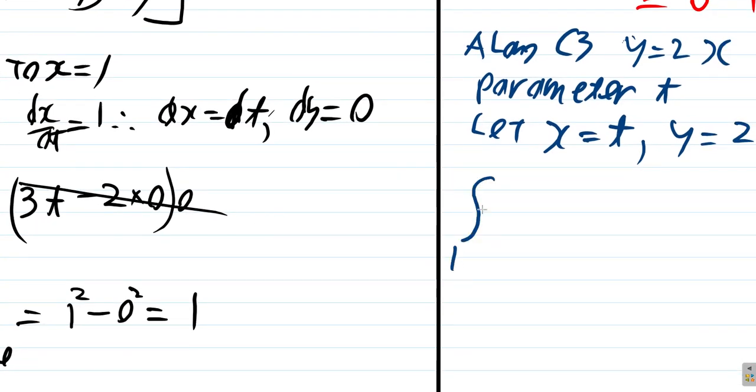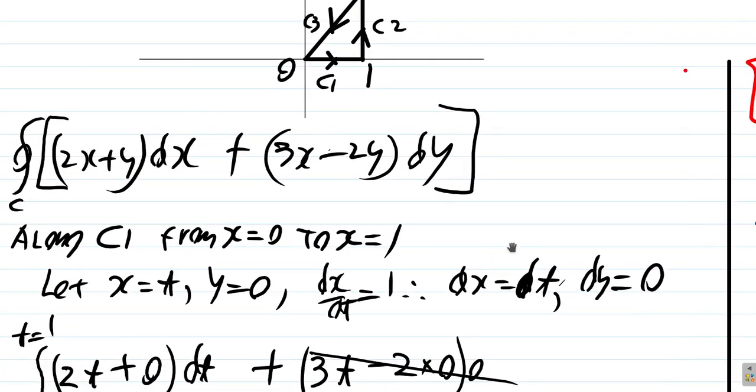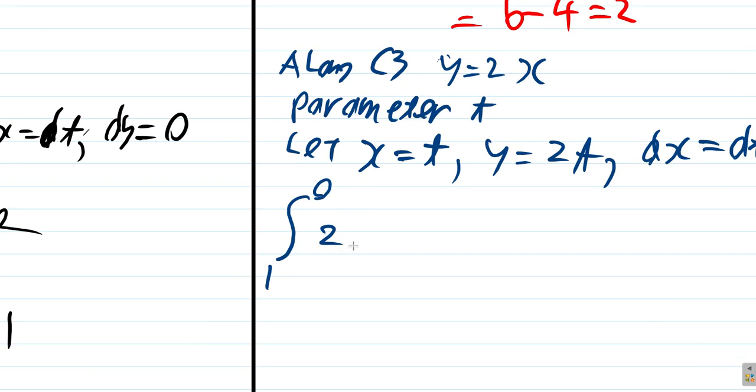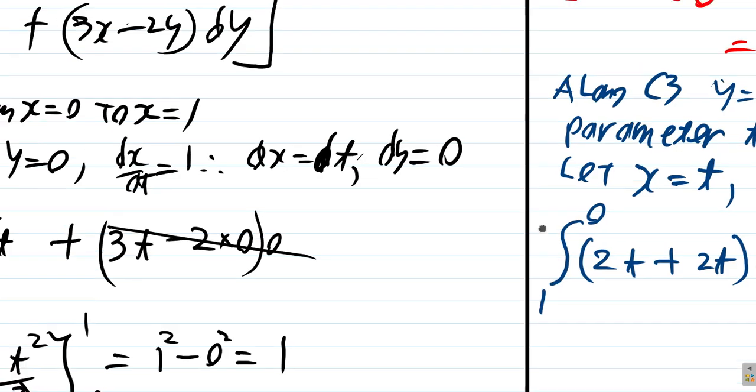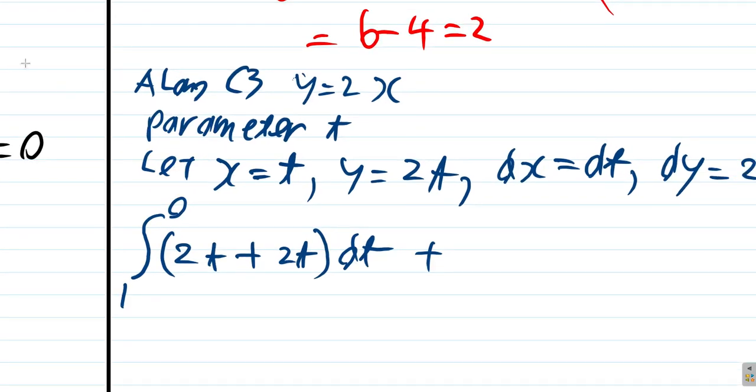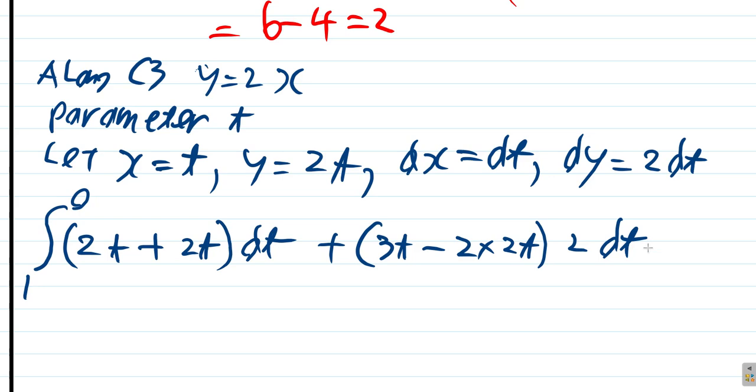So we integrate from 1 to 0 of 2x plus y, in this case 2t plus 2t, and dx is dt, so we have dt, plus 3x minus 2y. x is t, so 3t minus 2 times 2t, times dy, but dy is 2 dt.